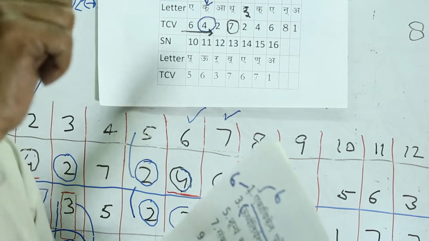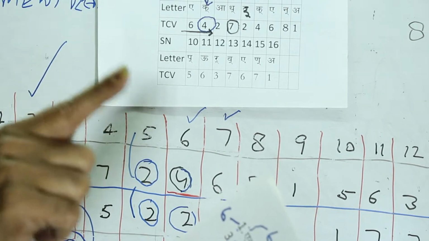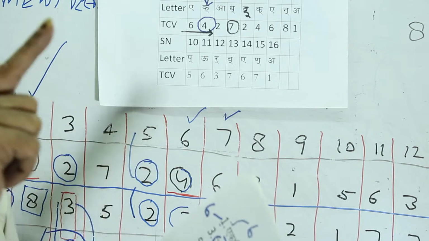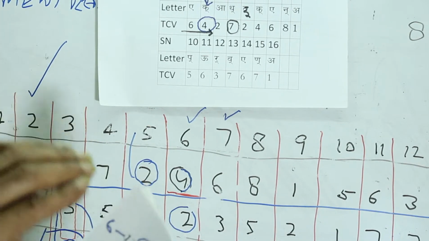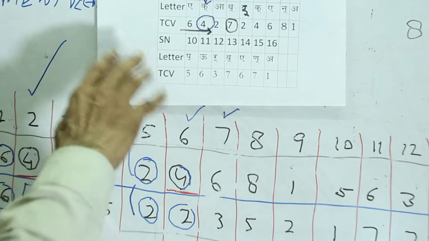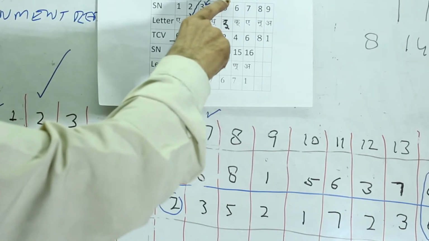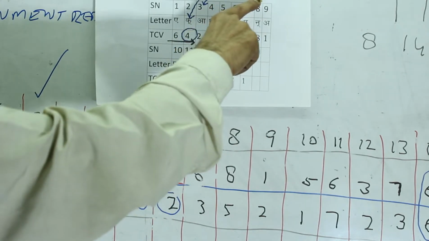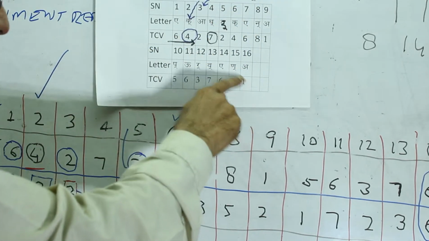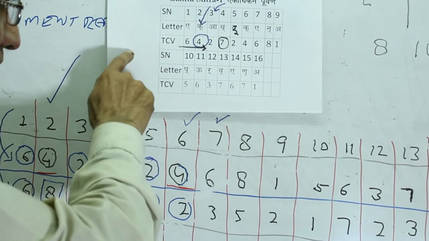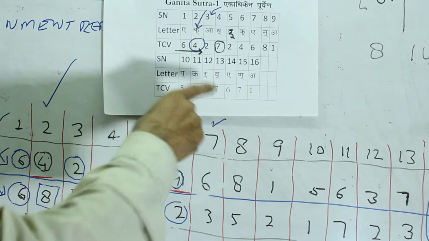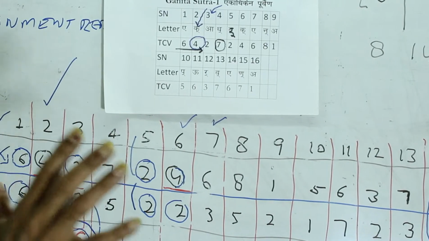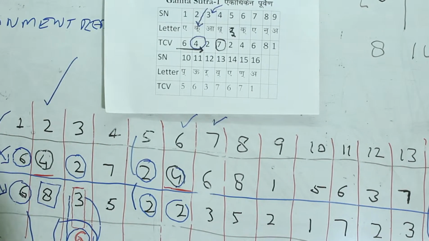These structural keys are the transcendental code values of the letters A to A. These 16 letters A to A are having transcendental code values 6 to 1, and these transcendental code values make the structural keys of 16 Ganita Sutras.